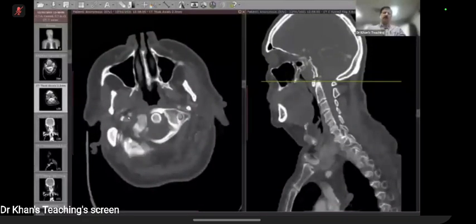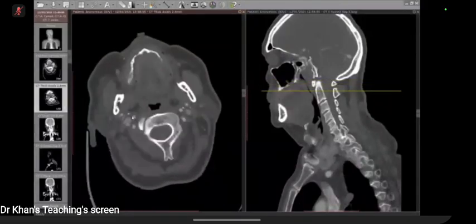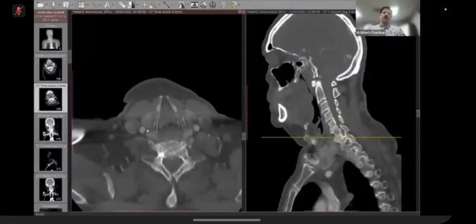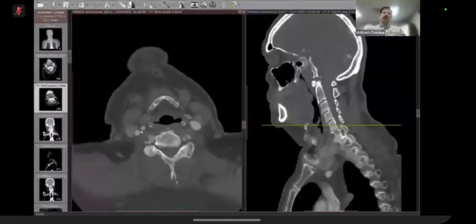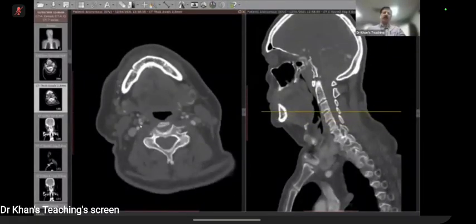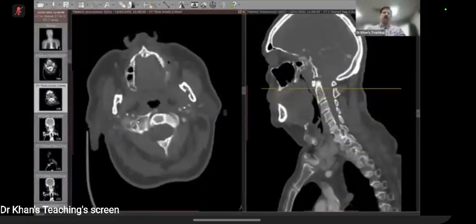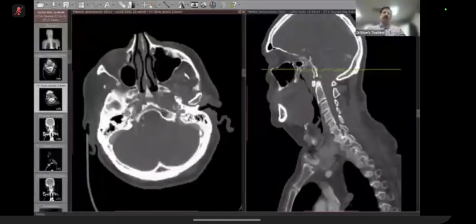Can you see my mouse, candidate one? Yes, I can. Okay, so if you see here, this is the common carotid artery. Now we are going up in the neck, and it divides into external carotid and the internal carotid. Now we are going to follow the internal carotid and see how it goes into the carotid canal.